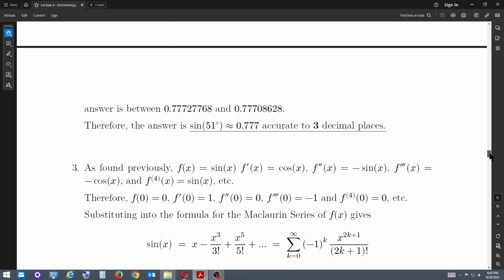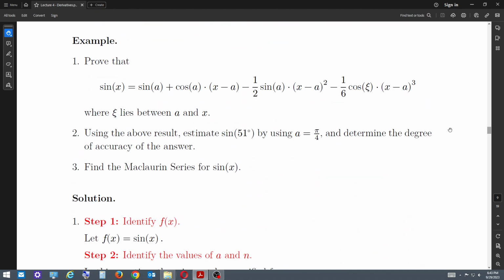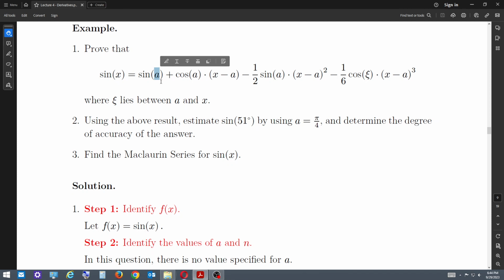Right, now coming back to this question, I'm going to go through this pretty quickly. I'm going to leave it up to you to do the first part of it and make sure it's done correctly. So this time we want to prove that sine of x is equal to this long expression. Now this time, notice there isn't a specific value for a. I just have an arbitrary number a. So you don't have a specific value to substitute this time.